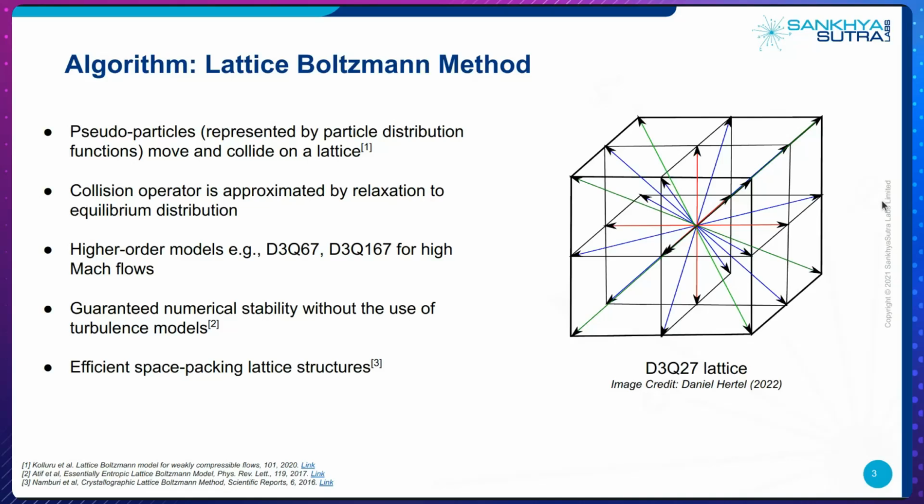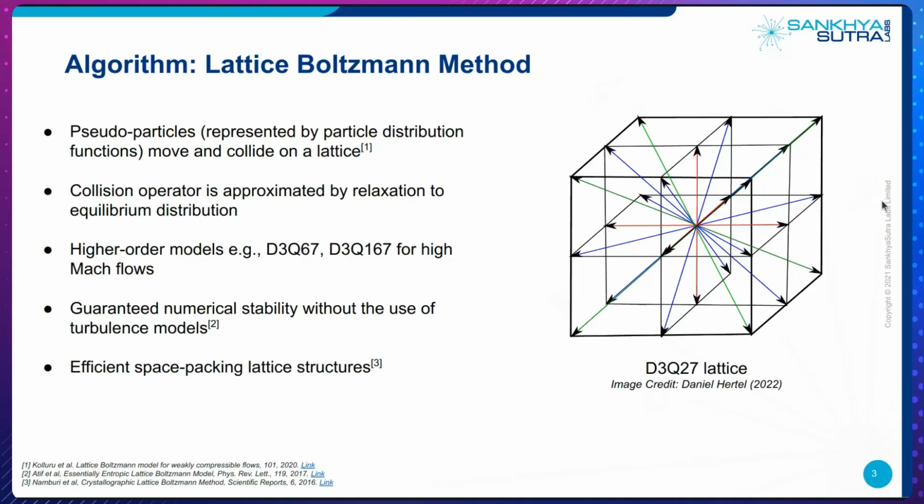So we have a range of different LB models that we can use, starting from this D3Q27 model, which basically means 27 discrete directions, and go all the way up to, let's say, D3Q167 for a greater number of discrete velocity directions. So the reason to use a greater number of discrete directions is basically to be able to capture higher Mach number flows and higher Reynolds number flows.